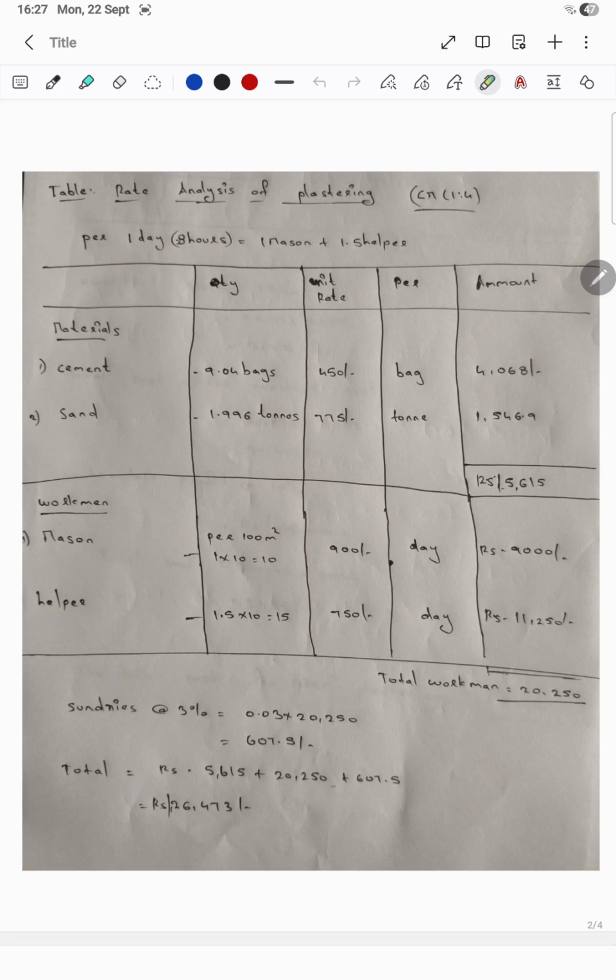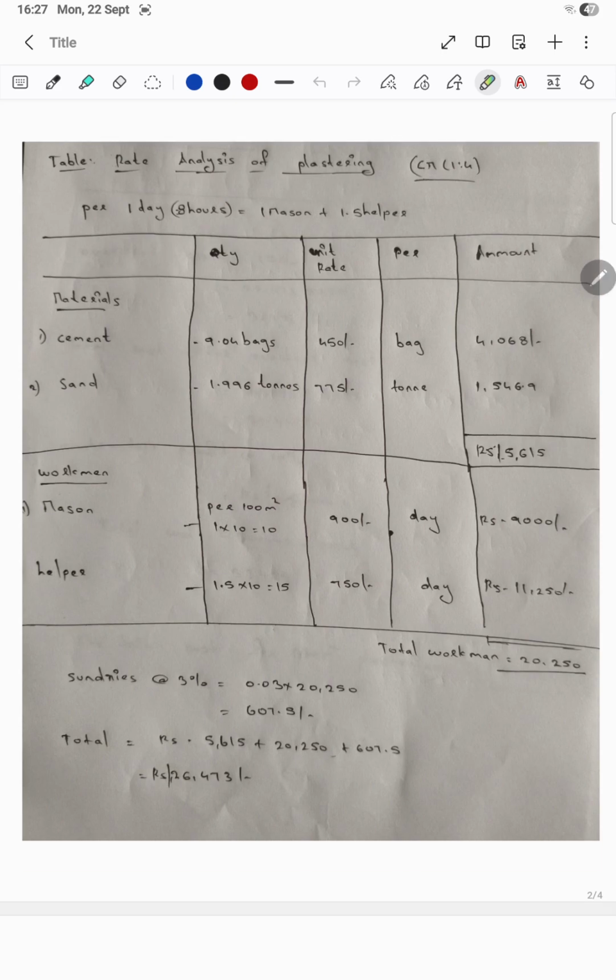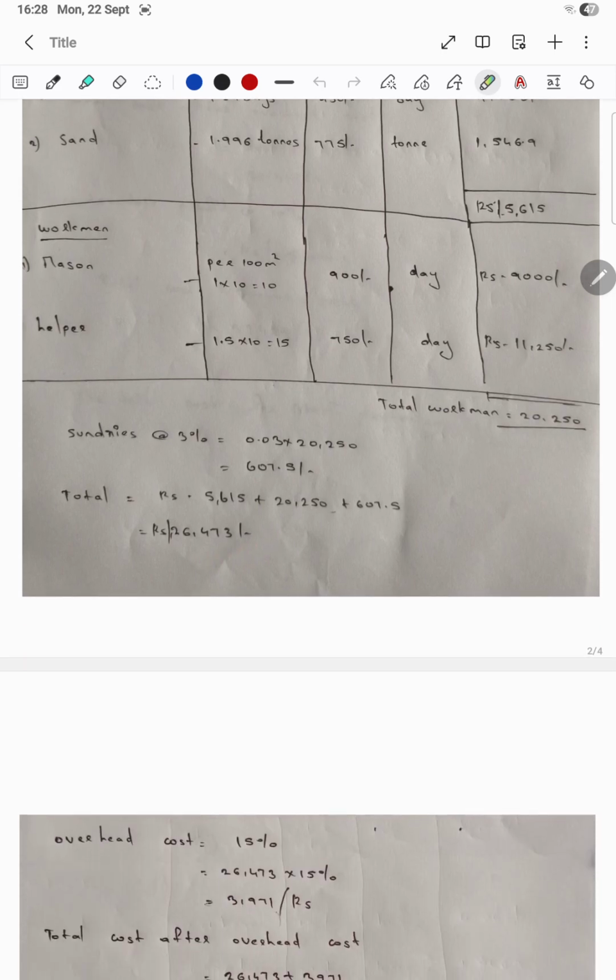The total amount for the materials and workmen is 20,250 rupees. Now we have to add sunrise 3%, as 3% is 0.03, and the sunrise cost is 607.5 rupees, and the total amount is 26,473 rupees.